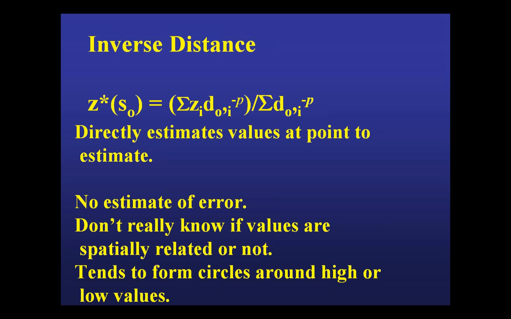The other, it's not my favorite, but it is my favorite if we do not have as many points as we need for kriging. There's no estimate of error, so you never know if you're really doing a good job or not. You really don't know if the values are really spatially related. Most of the values that we get off a field do have a spatial relationship, but there are some fields that do not.